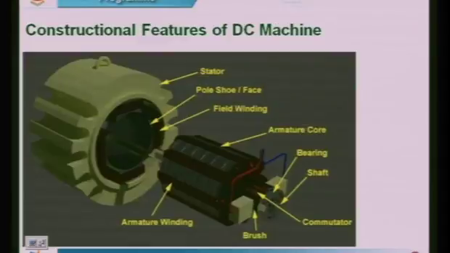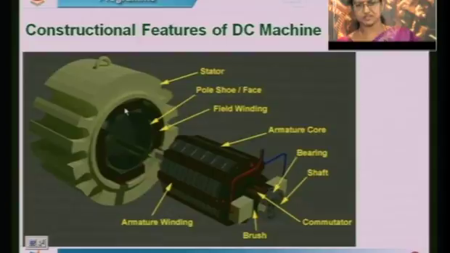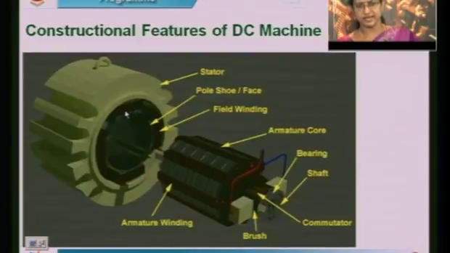Here we have the stator, which has the frame and yoke. The minimum requirement for a DC machine to work is a field system and a rotating system. Here you can observe a pole system. This pole system has the pole core and pole shoe.